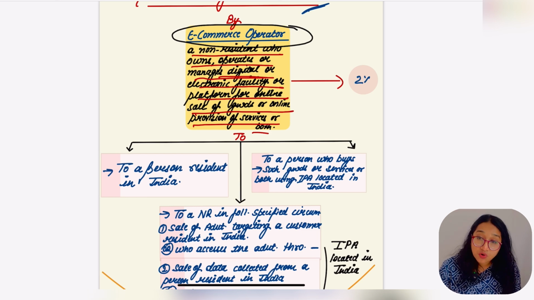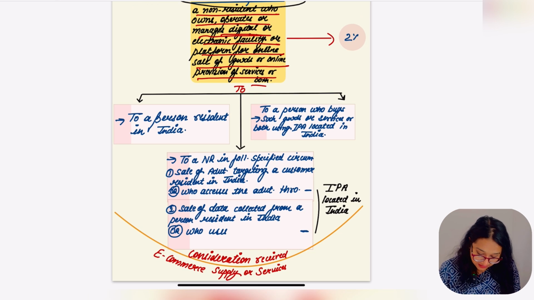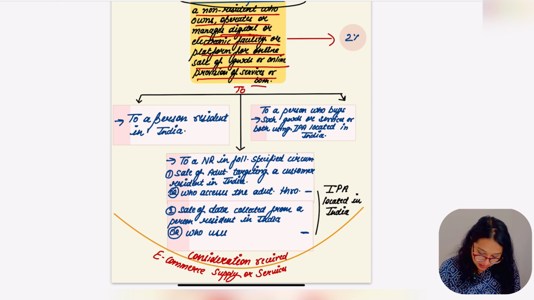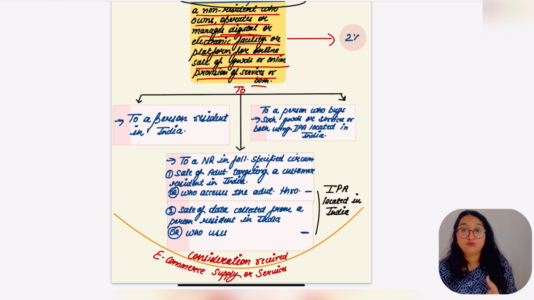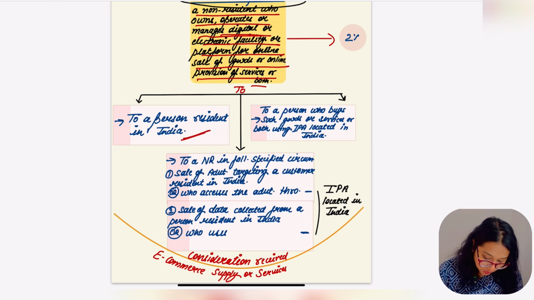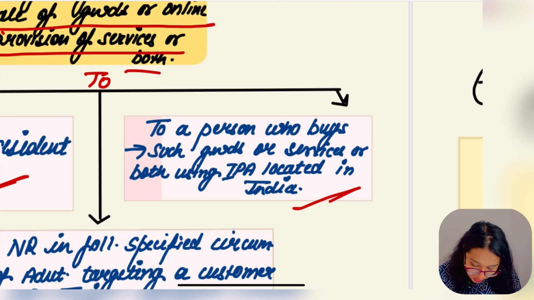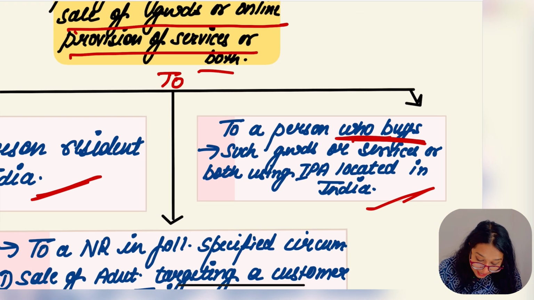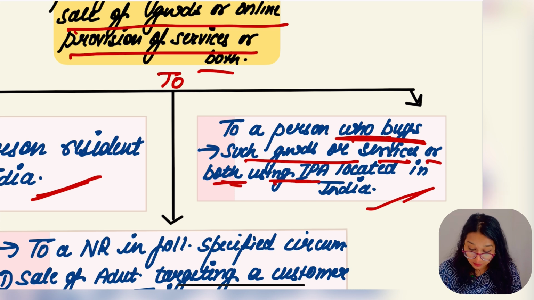If the e-commerce operator is receiving consideration for e-commerce supply of services, from whom? 3 people. To a person resident in India. Second, to a person who buys such goods or services or both by using an IP address located in India.